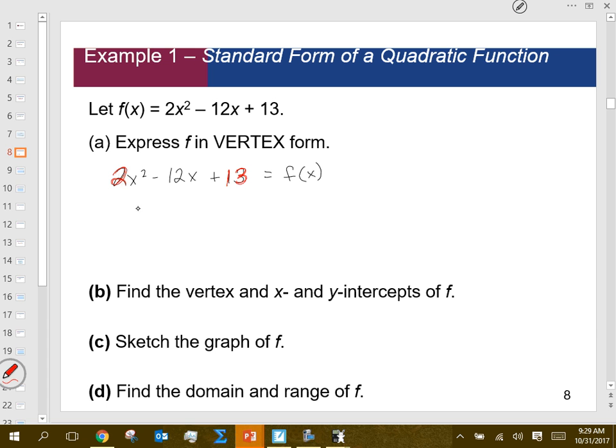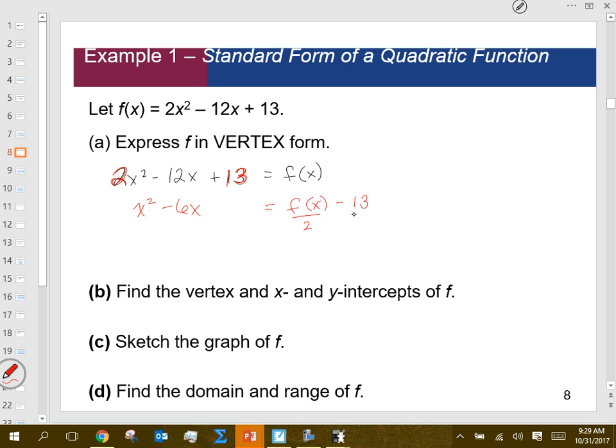So I'm going to get, eventually, x squared minus 6x. I'm going to leave a gap here, a little, because I'm going to put a term in there in a moment. So leave a little space there for yourself. And then I'm going to have f of x minus 13. Okay?